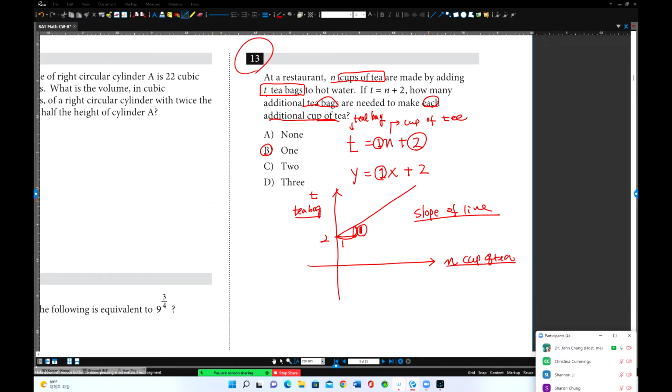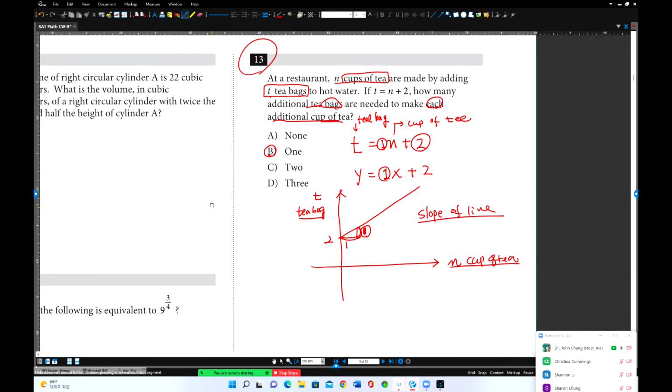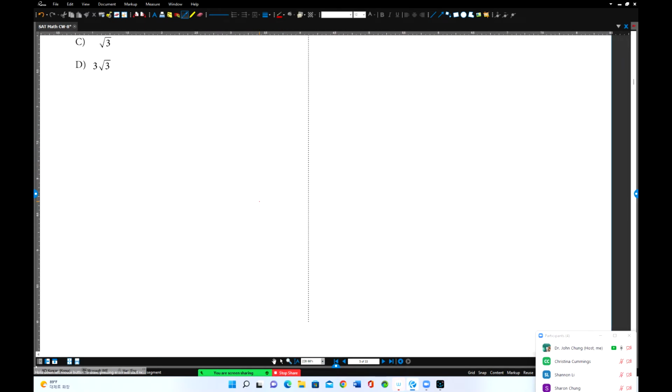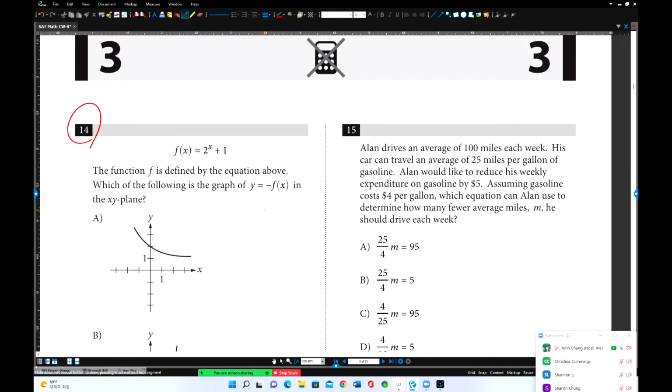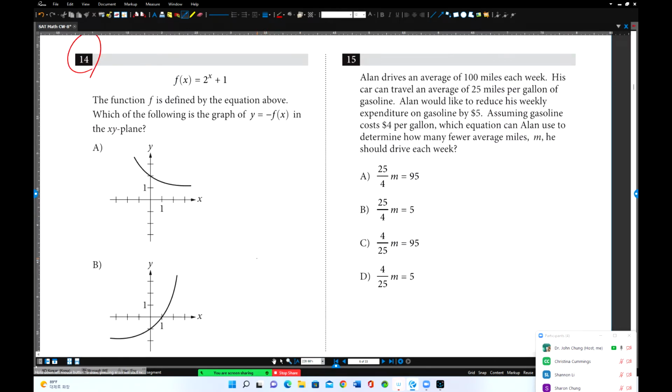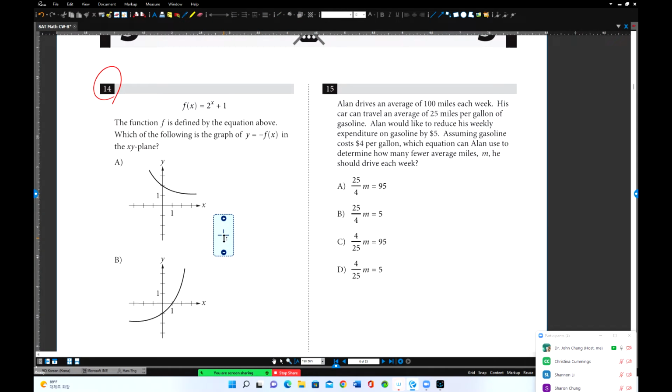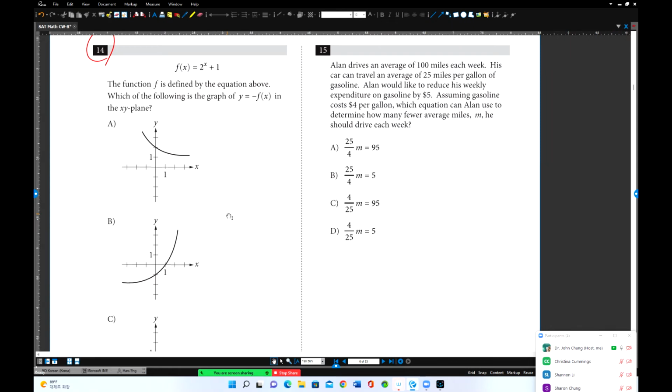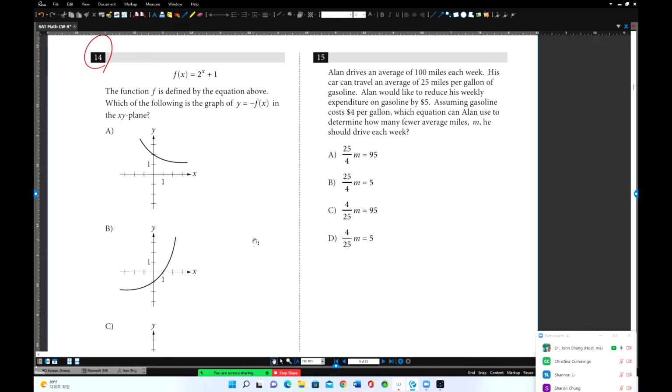Now let's move on to the next question, number 14 over here. Y equals 2 to the x, that's the graph here. I'm going to graph this on the xy plane. What is the graph of y equals 2 to the x?